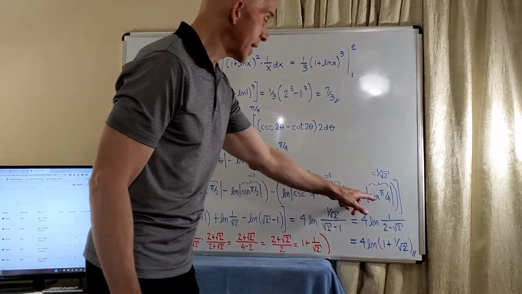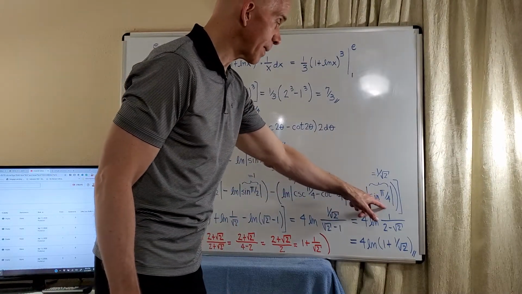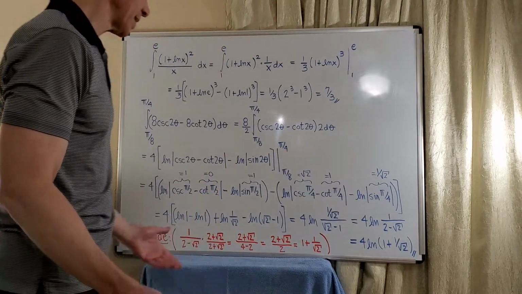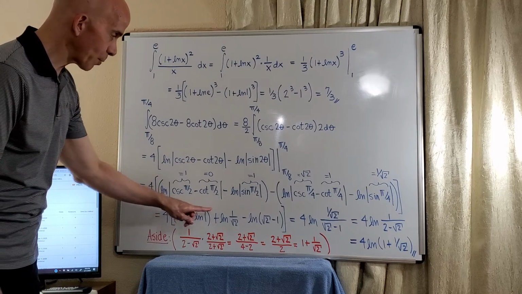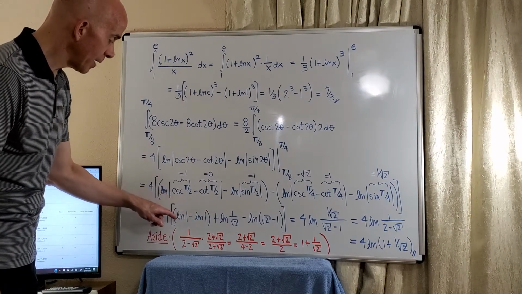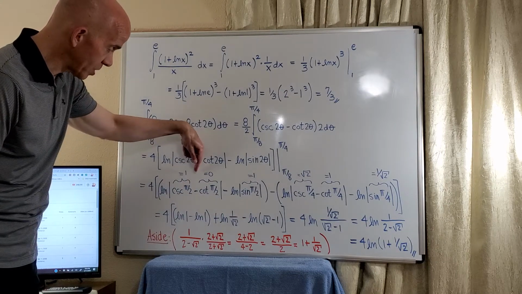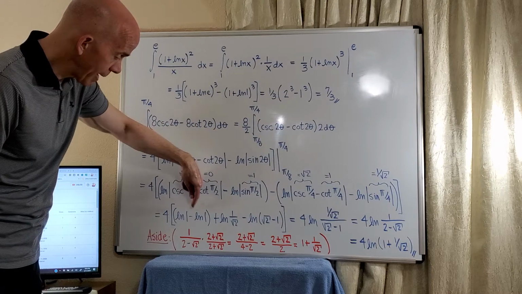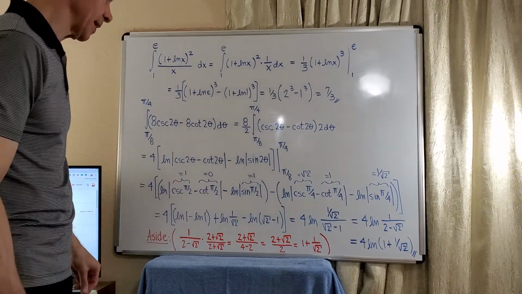And then, of course, here in the second term, we have the minus ln of sine of pi over 4, and of course sine of pi over 4 is 1 over root 2. That's our friend. Now, what I've written here, I just went ahead and elaborated a little bit. We have ln of 1 right here. That is, the argument just reduces to 1, and that's just a 1. So ln of 1 minus ln of 1, that's just going to be 0. That's not going to give us anything.